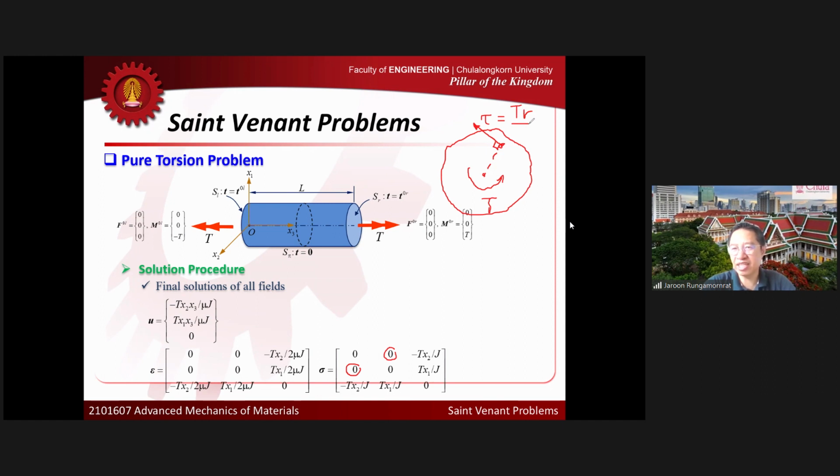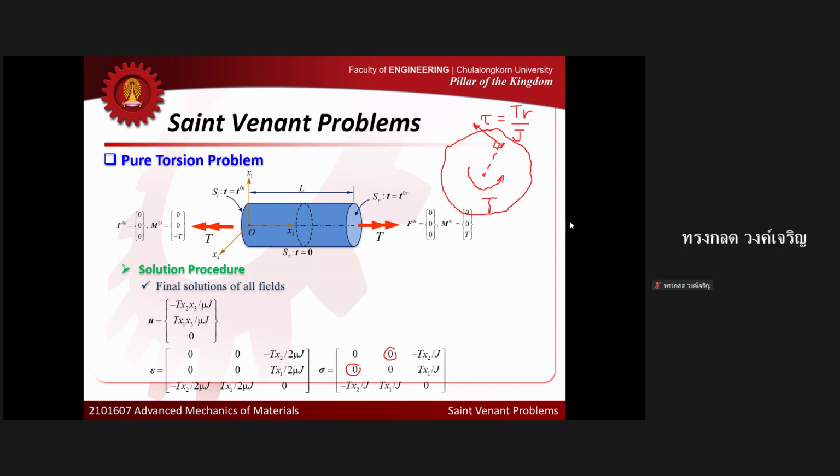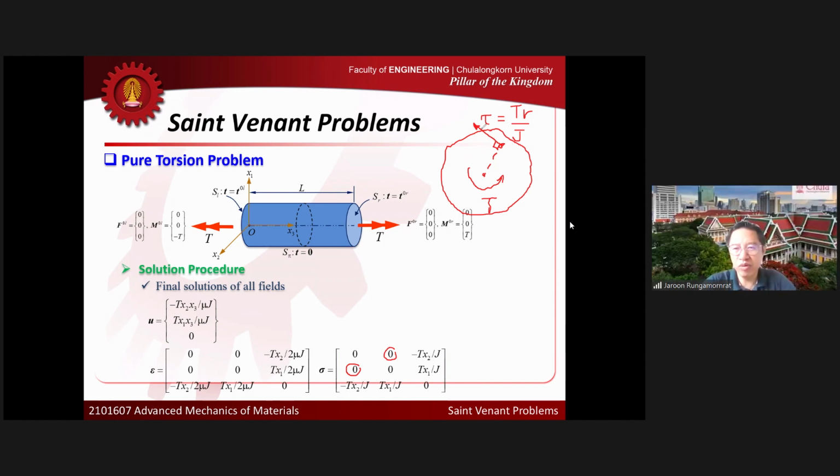Is that the one that you are familiar with, right? In the class, did anyone never encounter this formula? Are you familiar with this formula? Okay, very good. Okay.